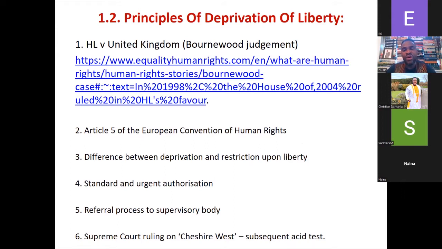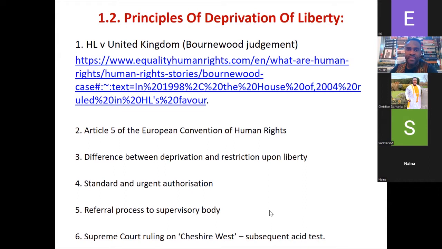Then we also looked at the difference between deprivation and restriction upon liberty. So deprivation is where you are depriving the person. Restriction, the person has their rights, just that there are restrictions laid on it where risk factors are involved and consent.